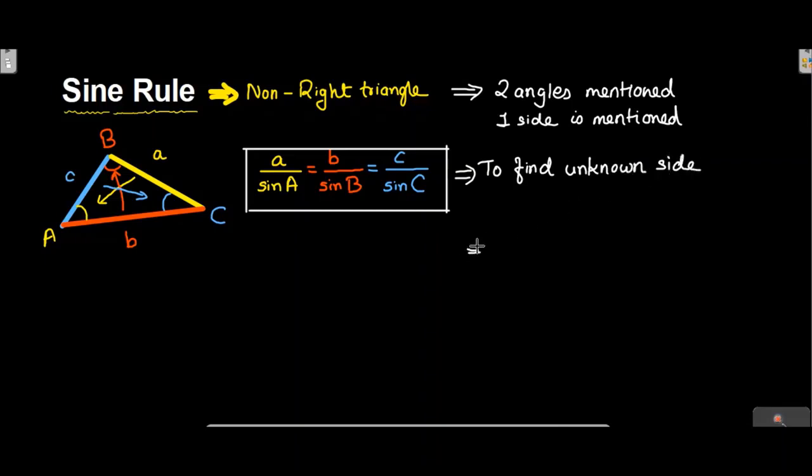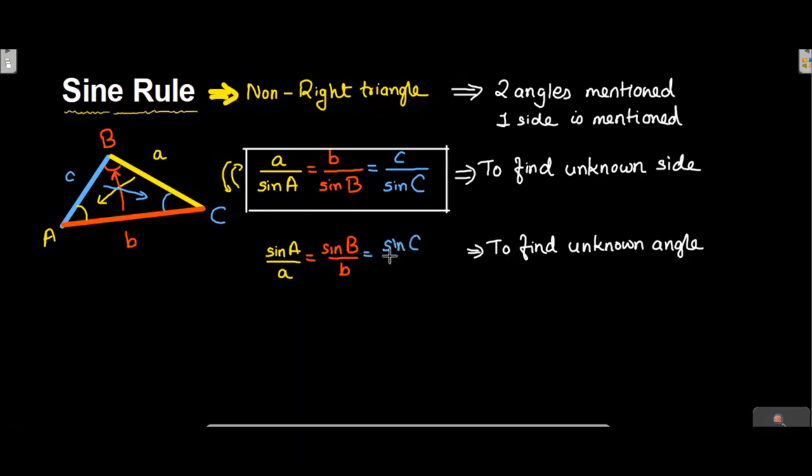If the question is asking you to find an unknown angle, the formula is different. It's not very different. If you remember the first formula, the other one is easy to remember, because we are just going to change the places. So it will be sine A divided by a, sine B divided by b, and sine C divided by c, that is a side.